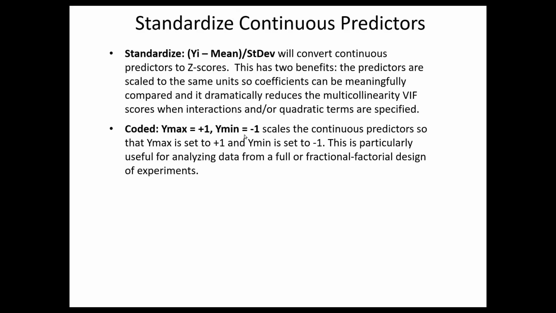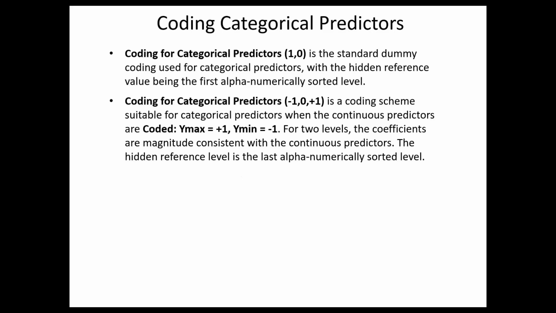And then the other option is that if you do have a DOE, you can code to ±1. All right, so if you have a full or fractional factorial design, then you'll want to use this coding option rather than the standardize option. You can also code for categorical predictors. 1,0 is the standard dummy coding, with the hidden reference value being the first alphanumerically sorted level.